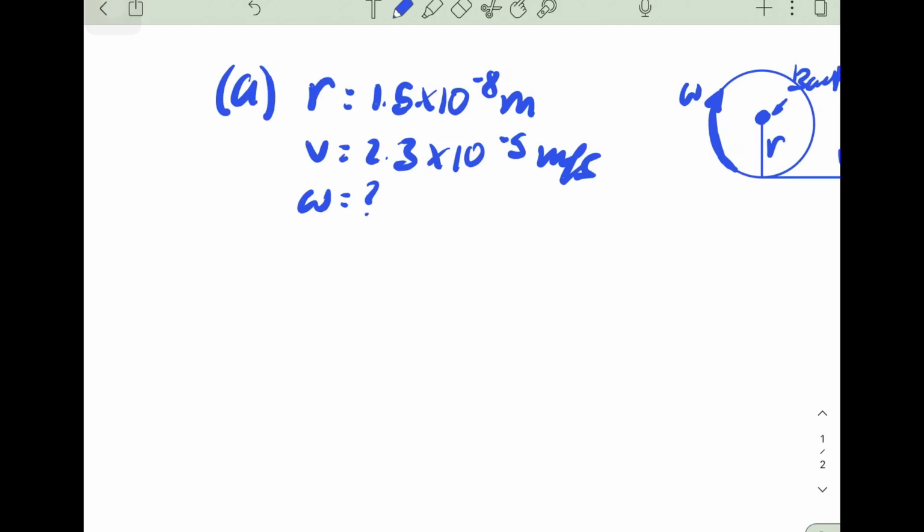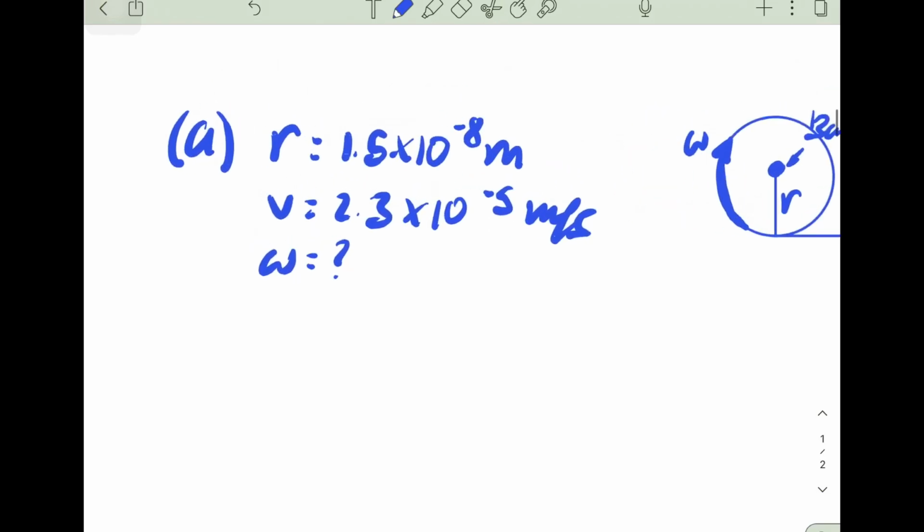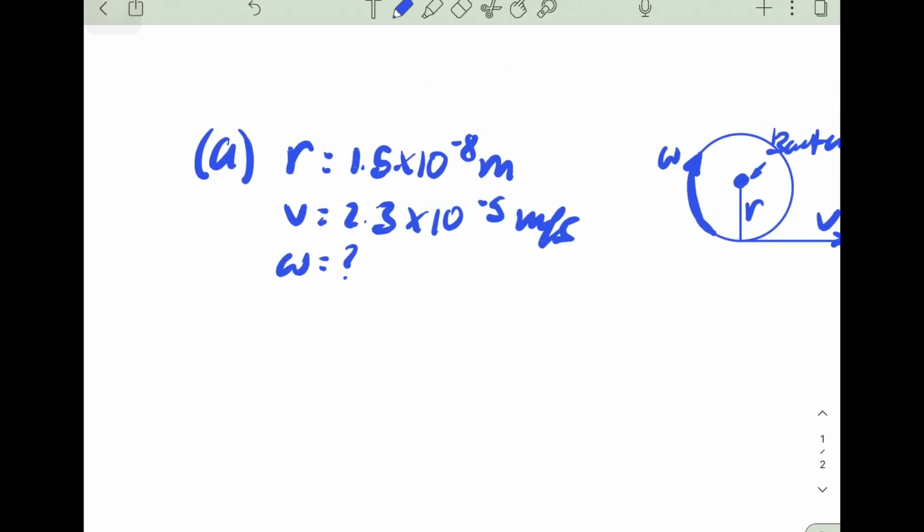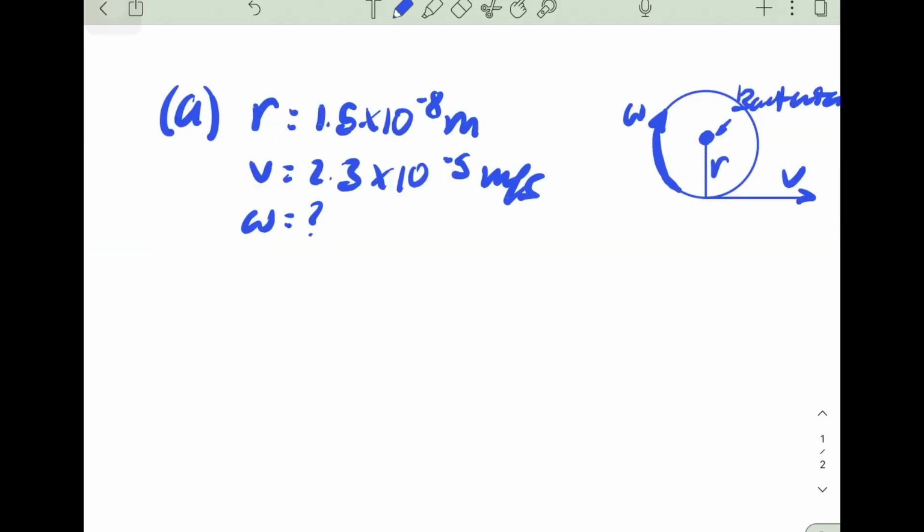Same for acceleration: there's angular acceleration, and an equation that connects it with linear acceleration. In this case, since they give us the radius and the tangential velocity, the equation we can use is that angular velocity equals the linear or tangential velocity over its radius. This will always be true.